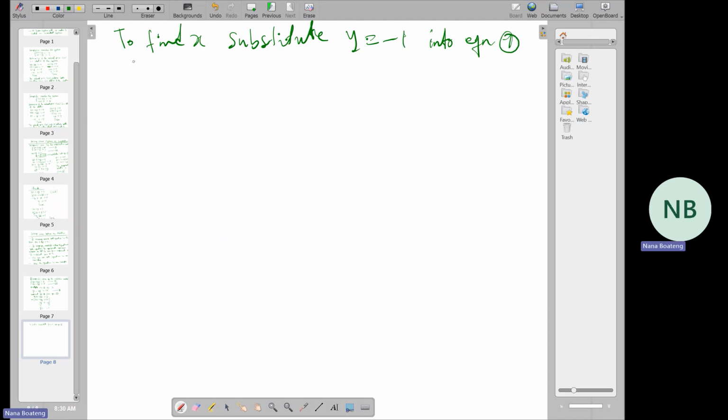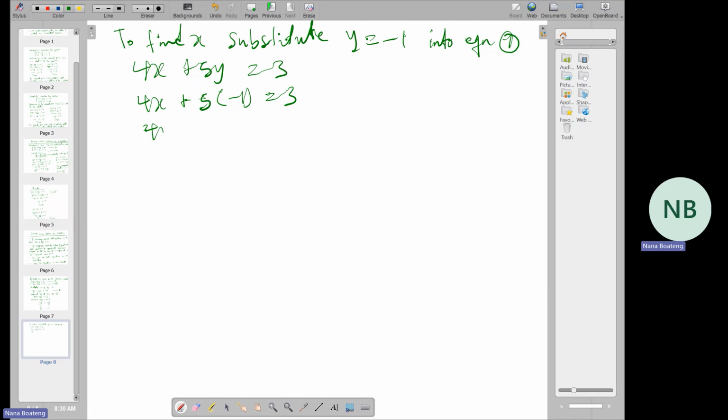Equation 1 is 4x plus 5y is equal to 3, so it becomes 4x plus 5 times negative 1 is equal to 3.